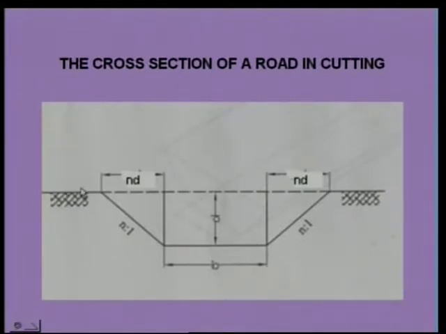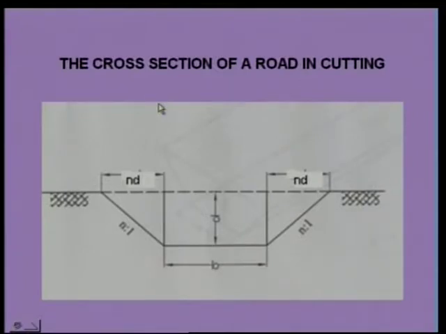This is the ground level and this is the top width, or width of the road in cutting. N:1 are the side slopes of the road in cutting. Let D be the depth of cutting and B the breadth of the road in cutting. This is the cross section of a road in cutting.